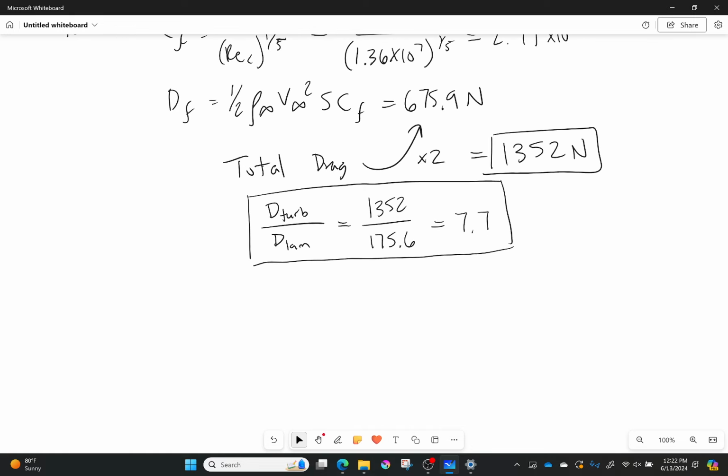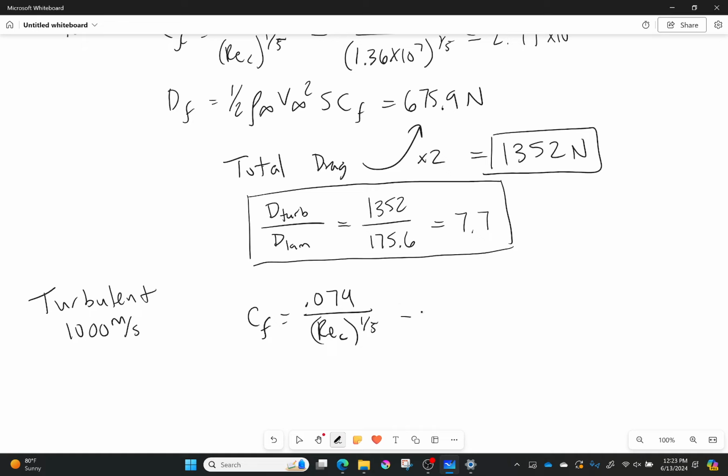But now let's check that at the 1,000 meter per second case. Still turbulent, but 1,000 meters per second. Okay. So everything else is pretty much the same. We first calculate our skin friction coefficient. That's going to be equal to 0.074 over, not the square root, goodness, a Reynolds number based on the chord to the 1/5 power. Be careful how I say these things.